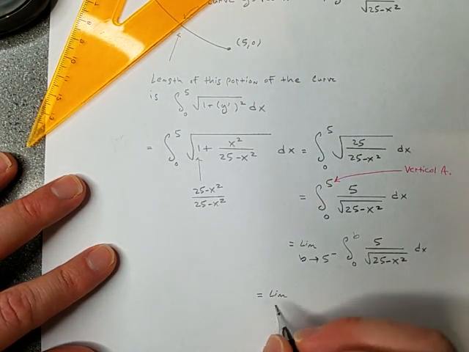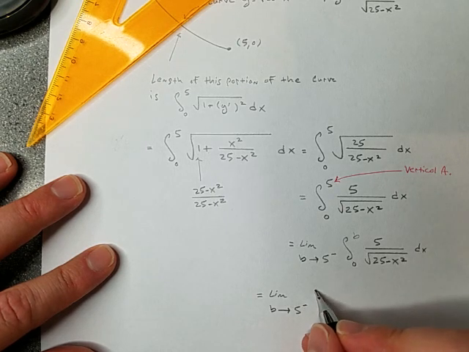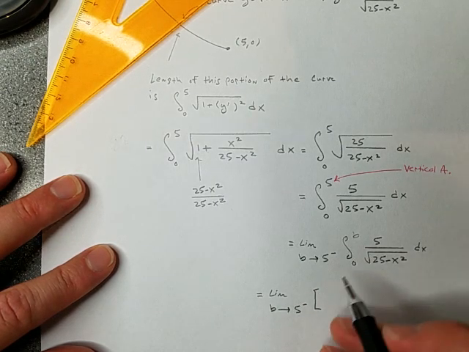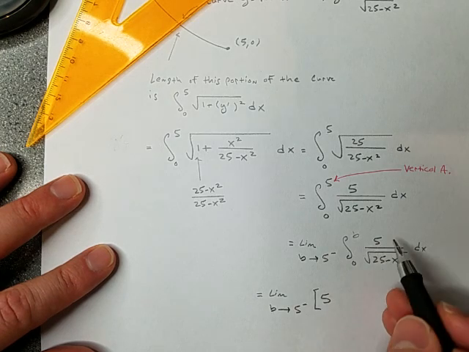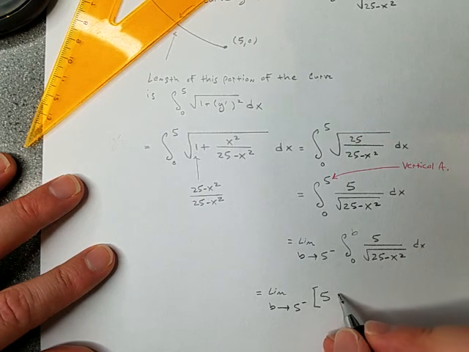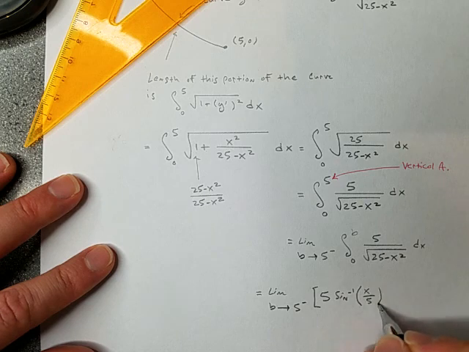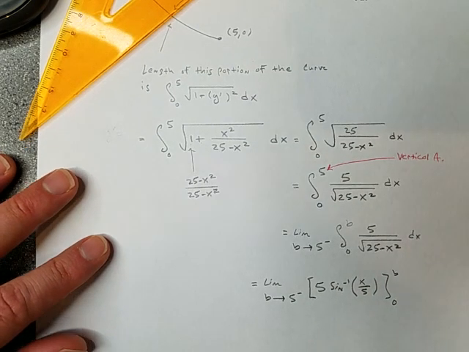Limit, b goes to 5 from the left. And then here's that antiderivative from that formula I just showed you. We're going to factor out that 5, and it's going to be here. Otherwise, we're going to get the inverse sine function of x over 5 from 0 to b. Okay?